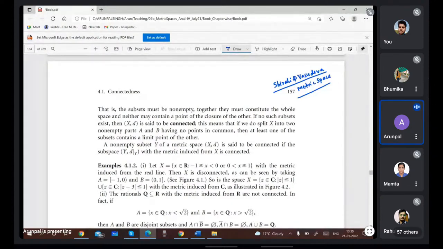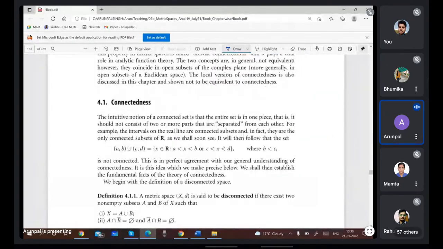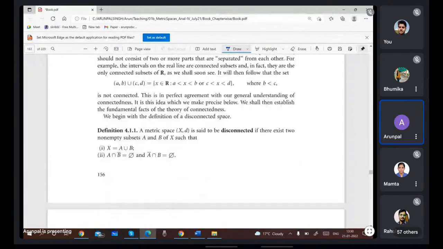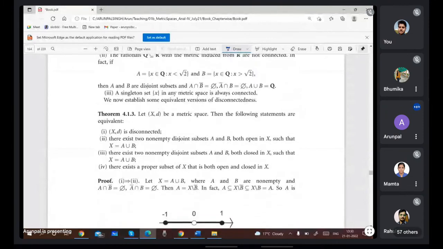So we consult this book. This is just the second page of chapter 4, connected spaces, and you can see here these are the equivalent criteria for disconnected. The following conditions are equivalent. At the fourth condition, class, there exists a proper subset of X that is both open and closed. Is this okay?